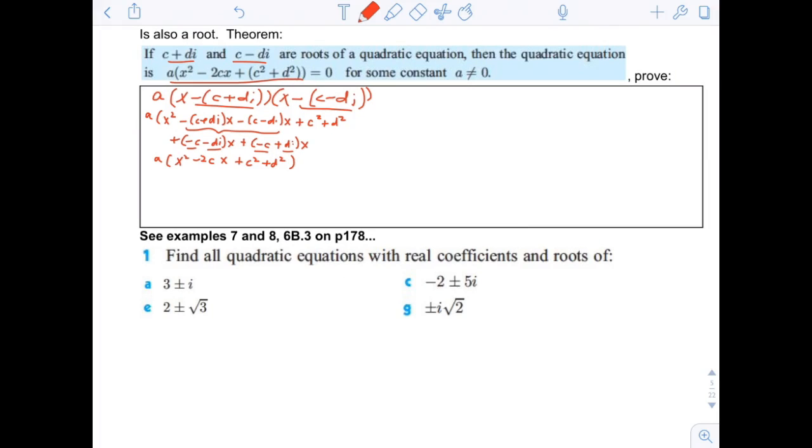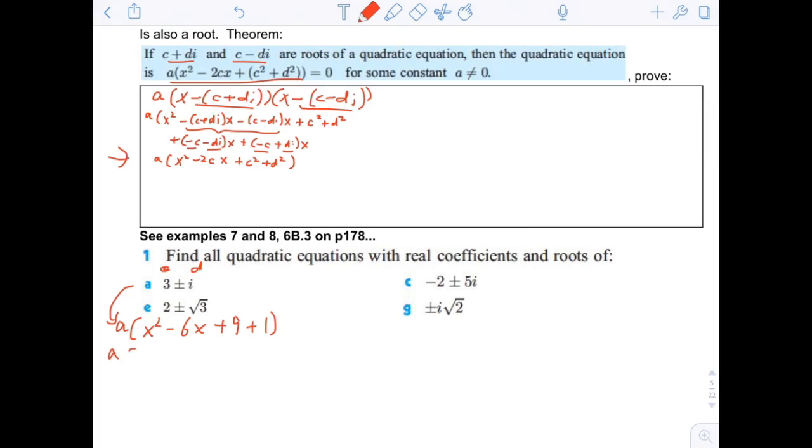We can use this formula up here, and if c equals 3 and d equals 1, then the quadratic equations that have those solutions are a x squared minus 2c, so it would be minus 6x, plus c squared, which is plus 9, plus d squared, which is 1.